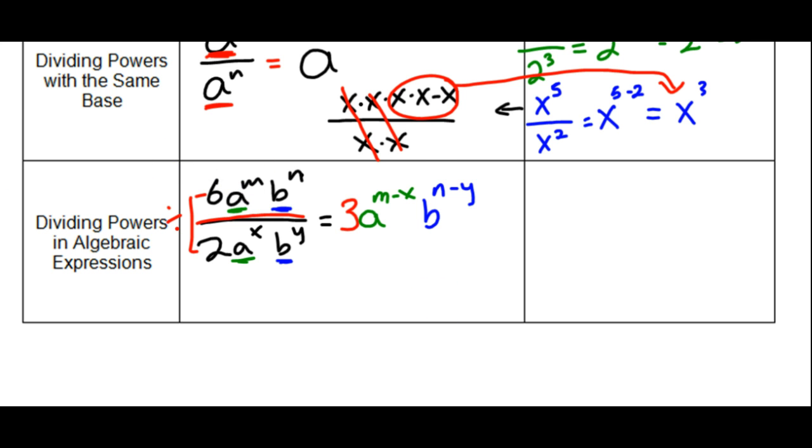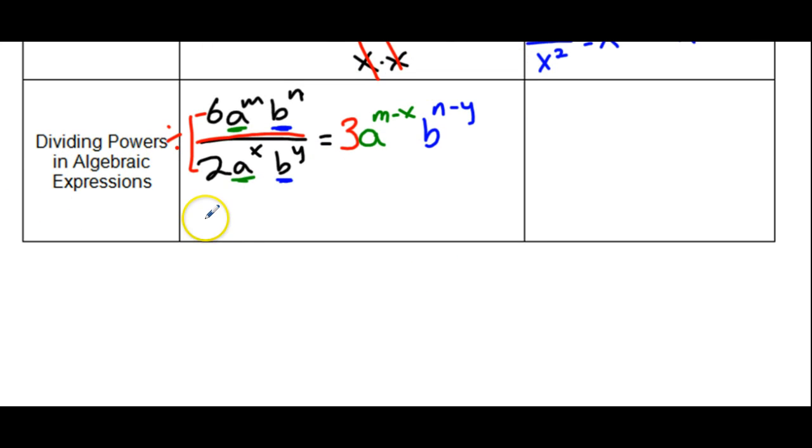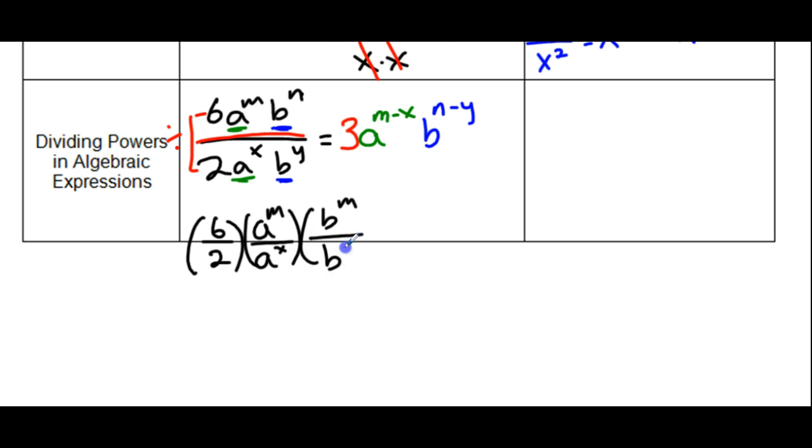One way to do this also is to separate them in general. So here we have 6 and 2, so I'm going to use 6 divided by 2. I'm going to separate all of this. We have a to the m and a to the x, so I'm going to keep those together because they have the same bases. Over here we have b to the n divided by b to the y. Because they have the same bases, I'm going to keep them together and simplify them as we go.